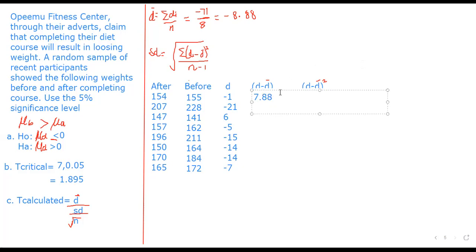Which squared will give you 62.09, let's leave it at 2 decimal places.